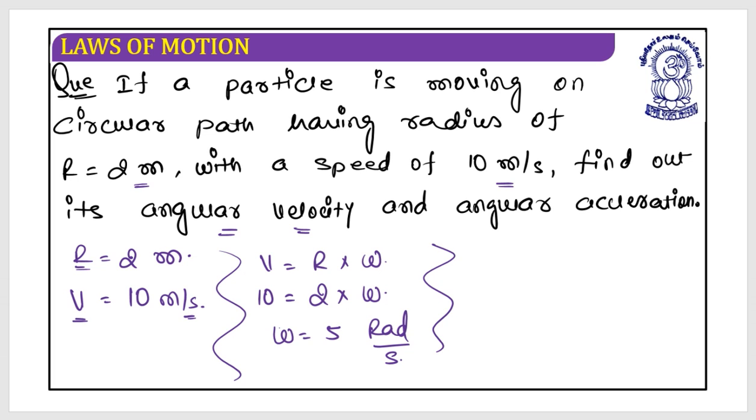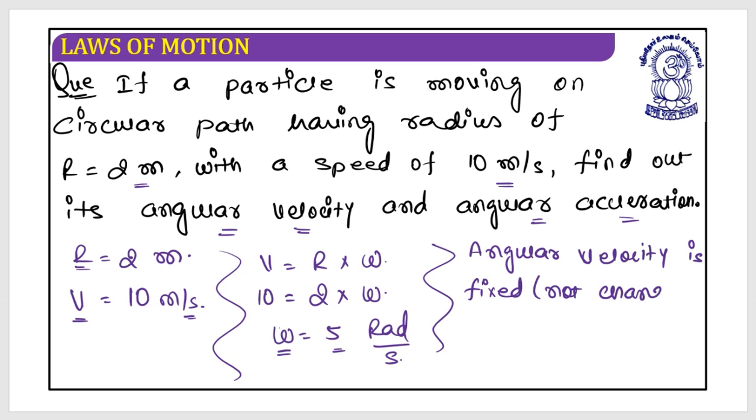Is it clear? Great. Now, what about the angular acceleration? Yes, as I can see, omega, which is the angular velocity, is not changing. That angular velocity is fixed, or it is not changing. So angular acceleration alpha would be equal to 0.